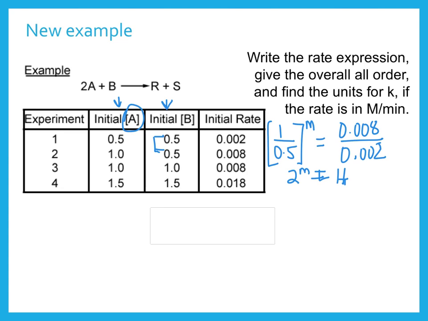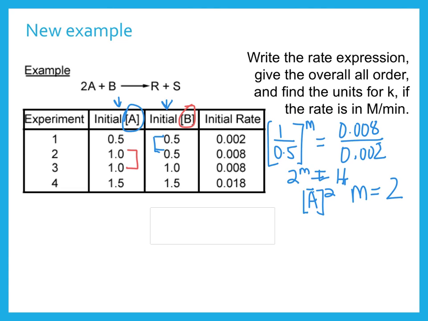We know that 2 raised to any power equaling 4 would get me an order of 2, second order. So A is second order. We'll go ahead and write that here. When we then go on to solve for B, I'm going to do that in red. When we look at solving for B, we have to have A held constant.